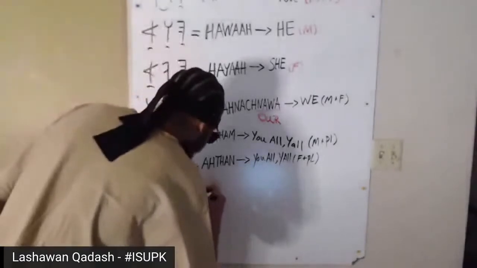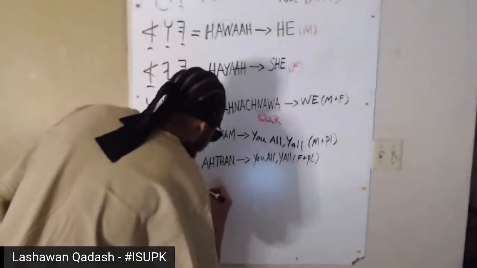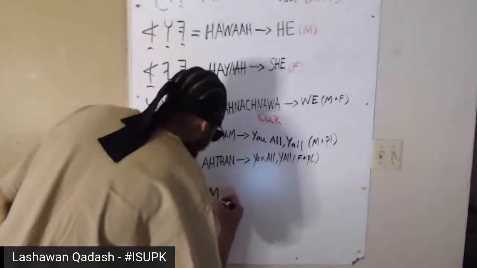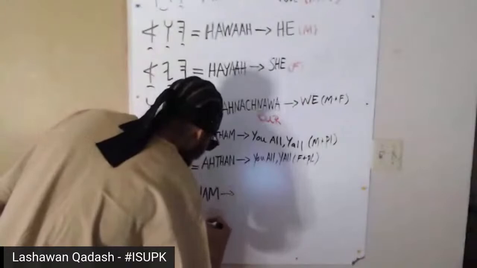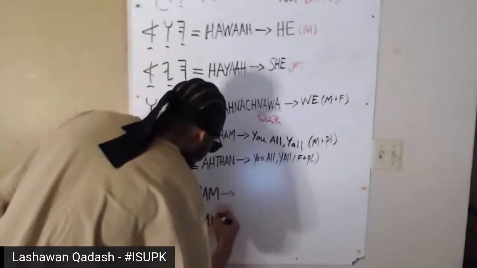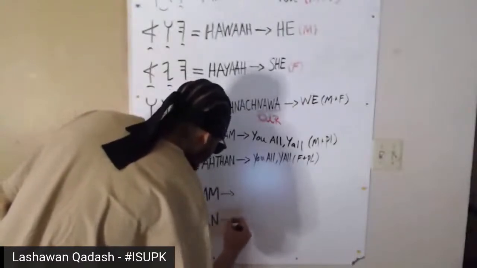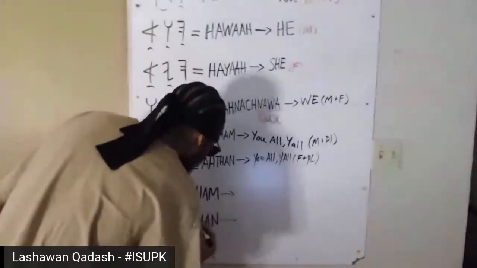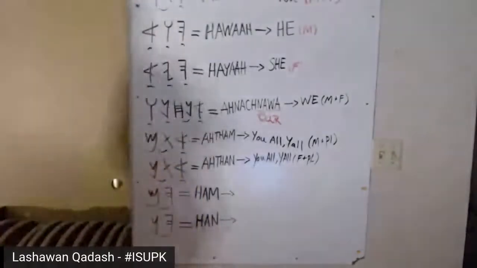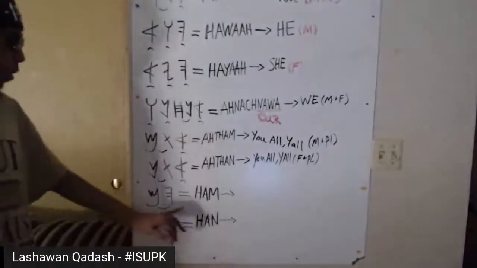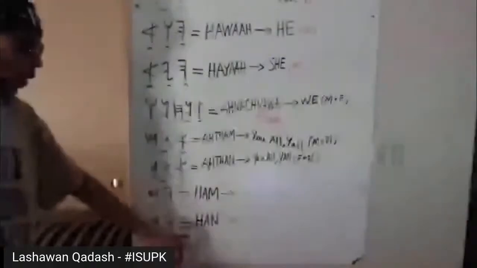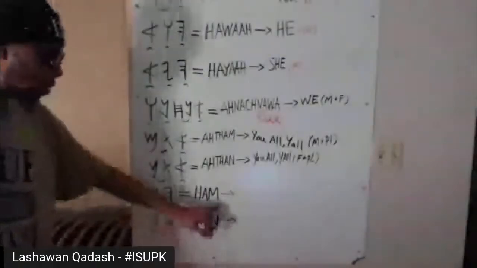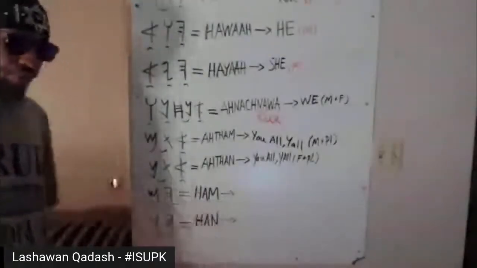It'll be spelled out as such. As you see, it says hum or hun, not ham or han. It's hum and hun. All right, that's what it is.